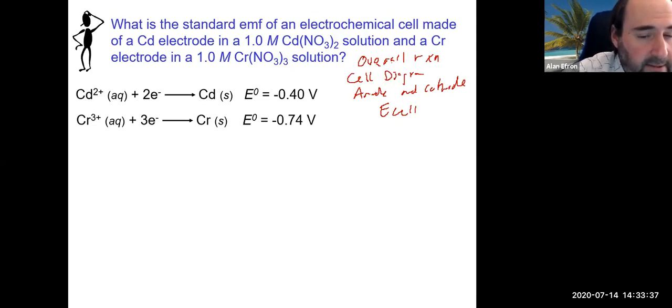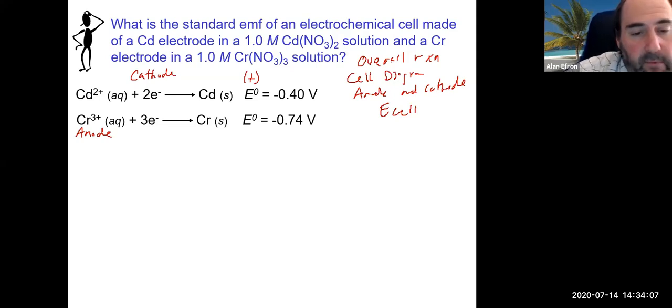Here we do see that the cadmium is more positive, even though they're both negative, which would imply that the cadmium should be our cathode. And by default, the chromium should be our anode. Again, in this case, we weren't given any information about what is happening in this reaction, so we can use the SRP value that we find in the table.